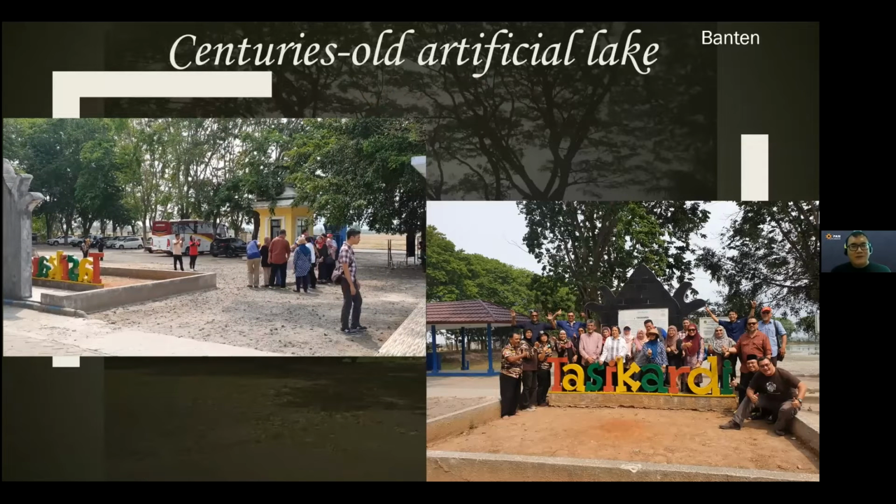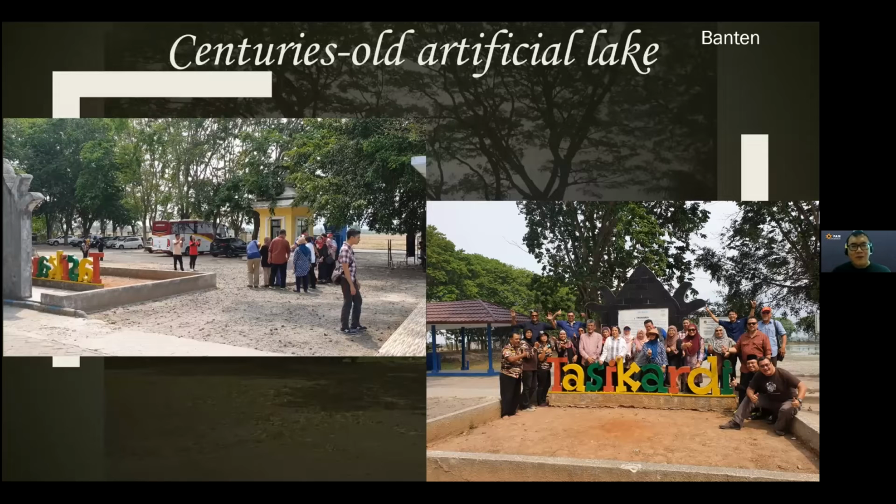At that time, the Dutch were still just coming to trade. They were not yet conquerors per se. And so the Dutch helped the Sultan to build the reservoir. So it's quite unique that in 1570 the Sultan had already thought about having a reservoir for the area, and it was used not just for the palace but also for irrigation and so on.